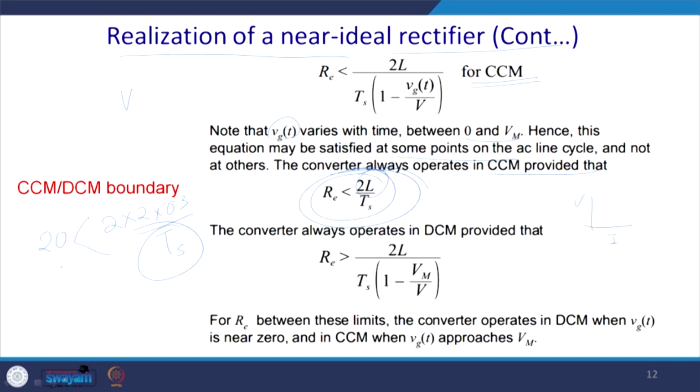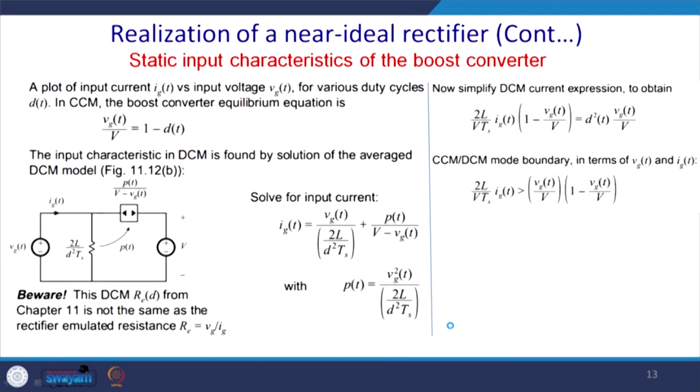On the other hand, the converter always operates in DCM, that is discontinuous conduction mode, if Re is more than this. Between these limits, the converter operates in DCM when Vg is near 0 and in CCM when Vg approaches Vm. So, it will have a transition from continuous conduction mode to discontinuous conduction mode.